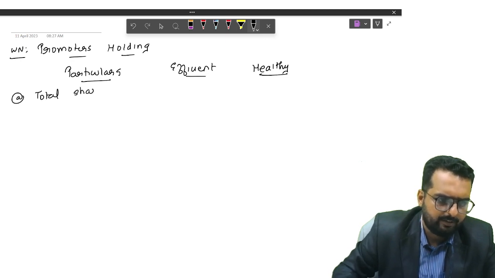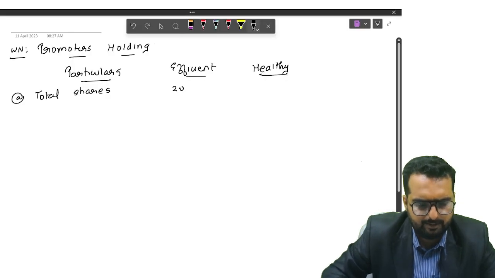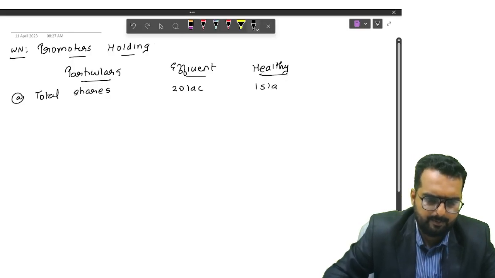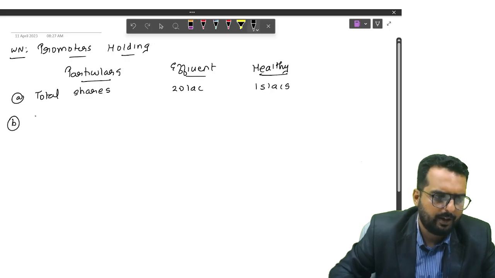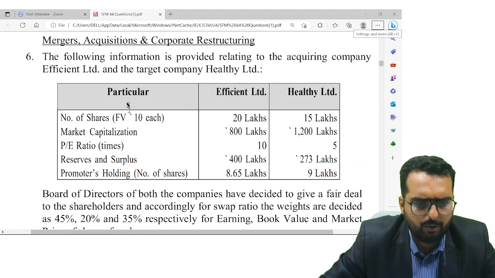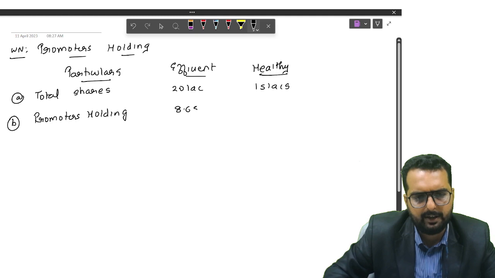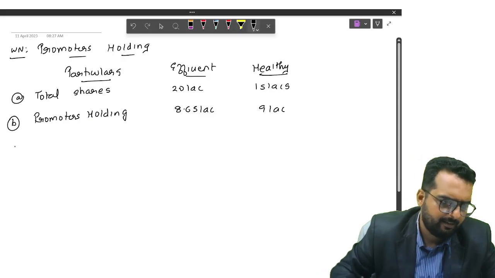Total number of shares: 20 lakhs and 15 lakhs. Point B, promoters holding: 8.65 lakhs and the other one is 9 lakhs.